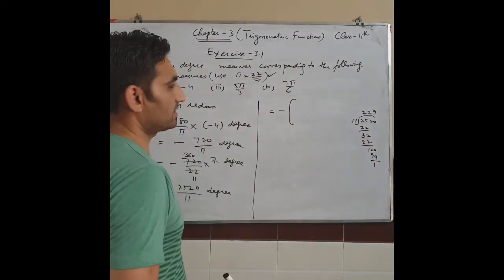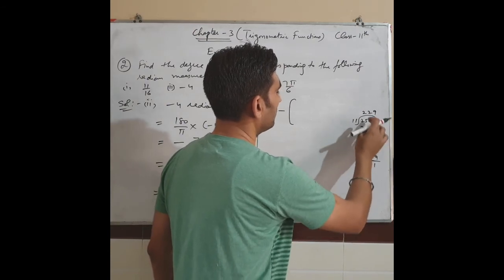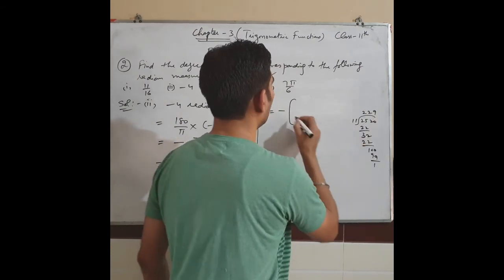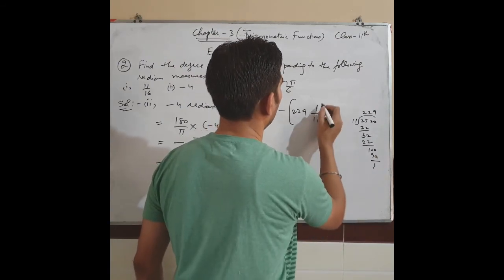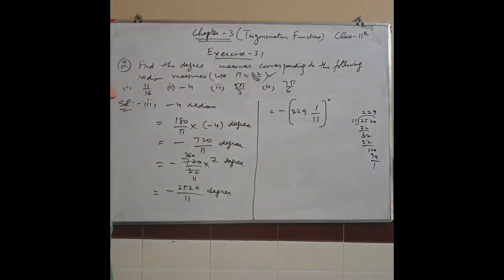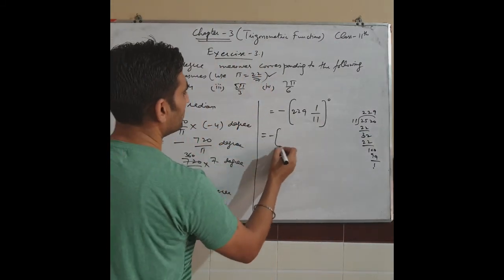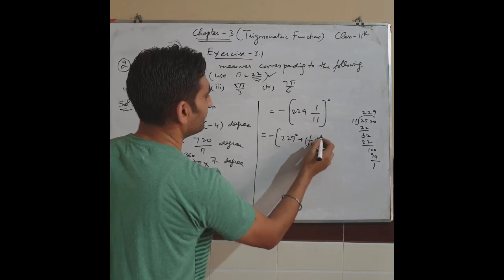Let me confirm it again: 3 left, 32, 22, 10 left, 99. You have 229 and 1 by 11 along with it. It is in degrees, which can be written as 229 degrees plus 1 over 11 degree.